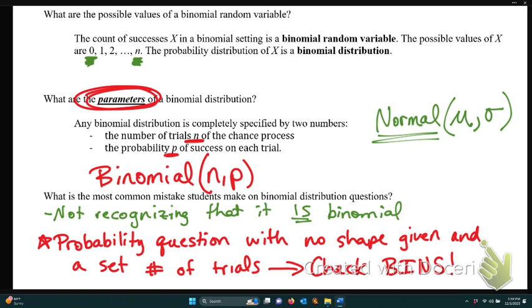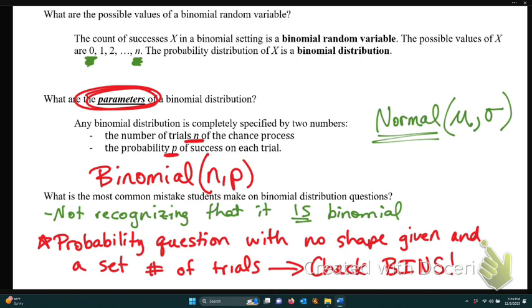I'm not guaranteeing it, but if you are reading a question that says you're going to do something a certain number of times, and then it asks what's the probability of, and there's no normal distribution mentioned, you will likely be doing a binomial problem.